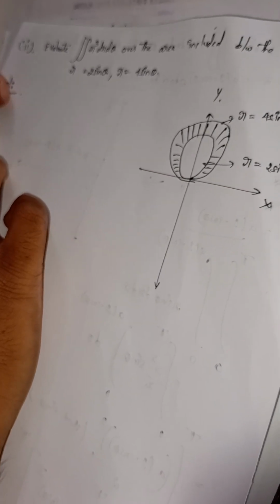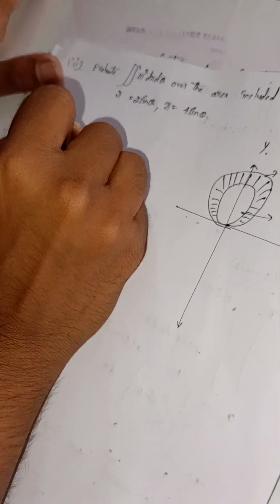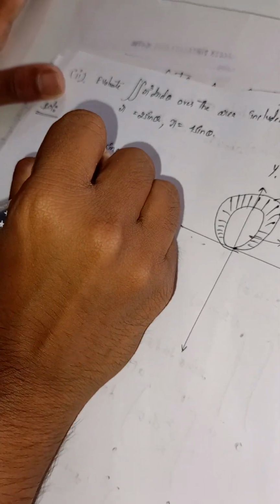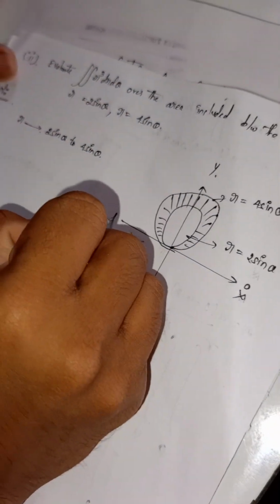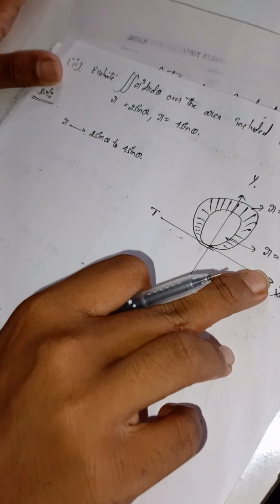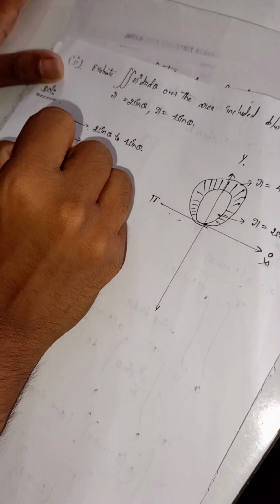Now listen very carefully. Whatever r is, it varies from 2 sin theta to 4 sin theta, and theta varies over the first and second quadrants, since it is covering the region of both. So my theta will vary from 0 to pi.